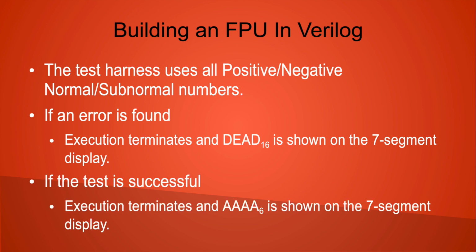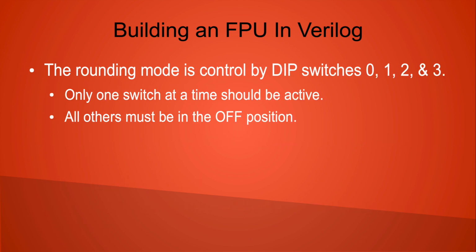If the test run is successful, the hexadecimal value AAAA is displayed. The rounding mode is selected using dip switches 0 through 3. Exactly one of these switches must be in the on position. All of the other switches must be in the off position.